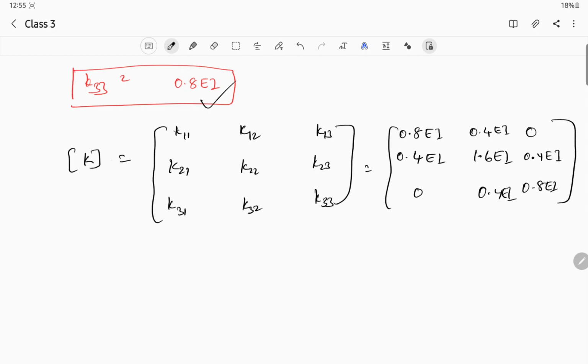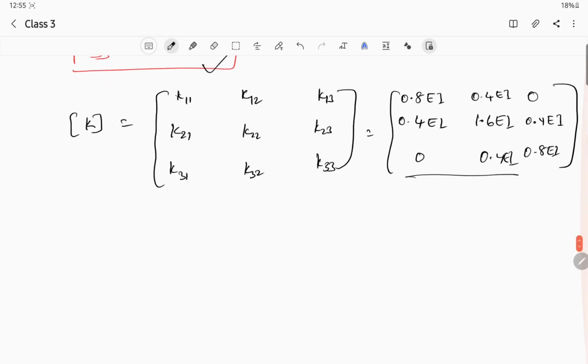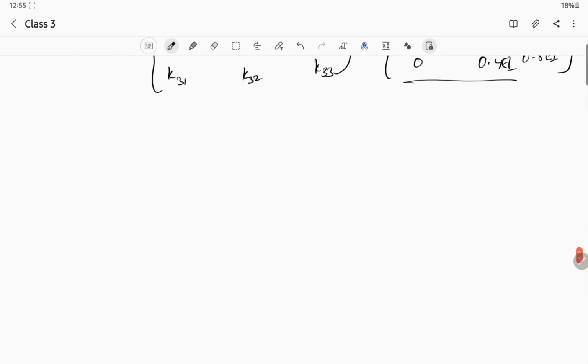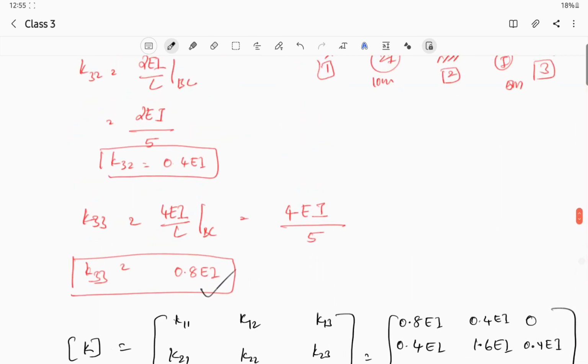Alright. So after placing these values, what do we do? We go for the calculation of fixed end moments. How to calculate fixed end moments? We all know fixed end moments can be calculated very easily, right?